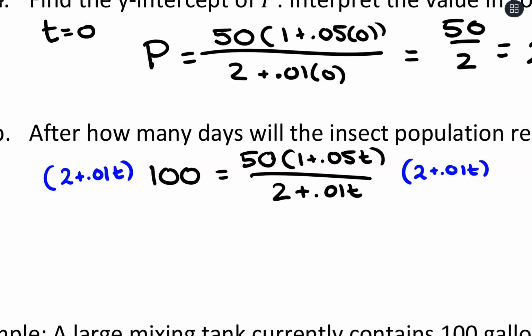On the left-hand side, let's distribute 100. So this will be 200 plus 1t equals, and on the other side, we'll have a nice cancellation occurring. So we'll just have 50. Let's go ahead and distribute the 50 in. So I'll go 50 plus 0.05 times 50, which is 2.5t.